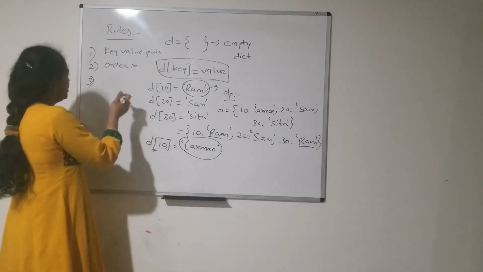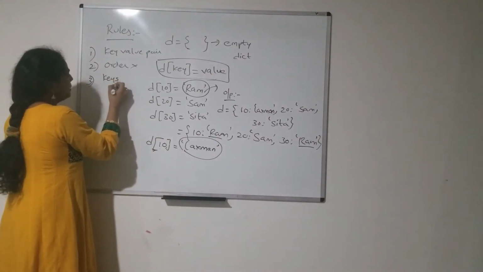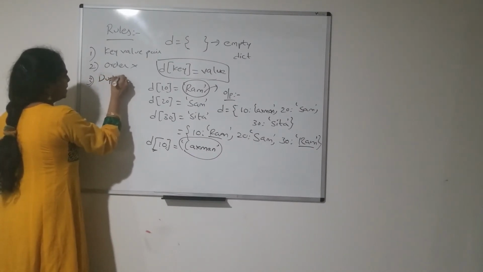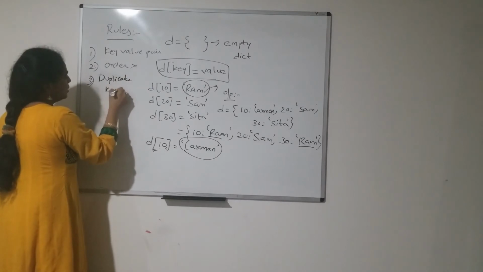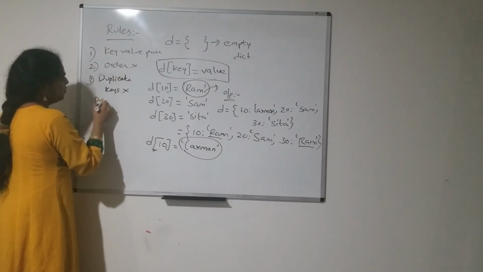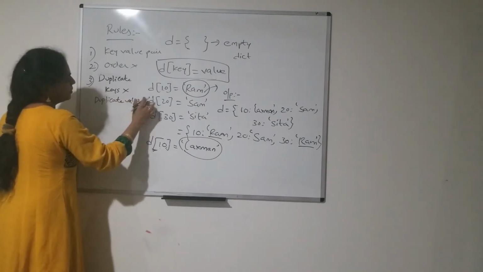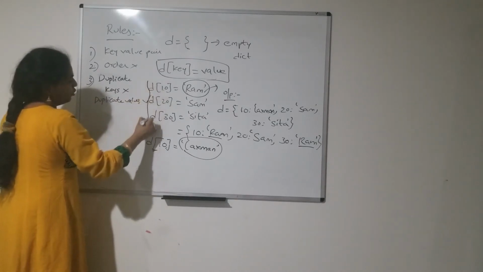Got it? So here duplicate keys are not allowed, but duplicate values are allowed. Duplicate values are allowed, right?